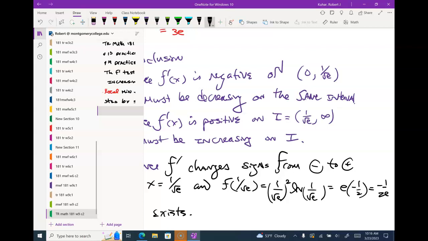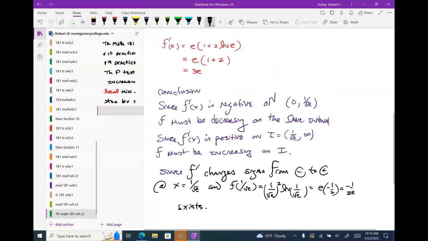Yes, you with me there? Somebody nod, please, or grunt. Thank you. Since f prime changes signs from negative to positive, and the point where it changes exists on the original function, right? 1 over square root of e, comma, negative 1 over 2e must be a local min.